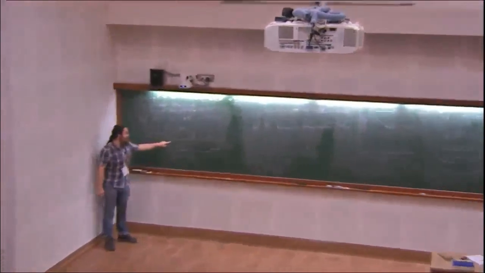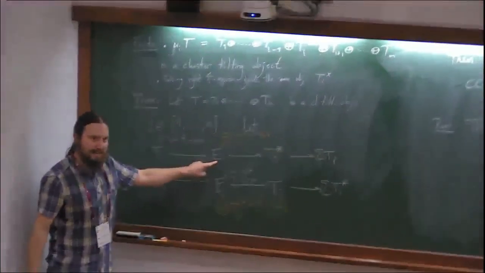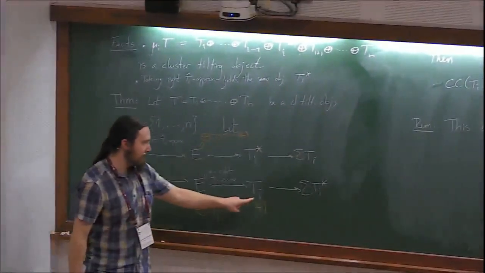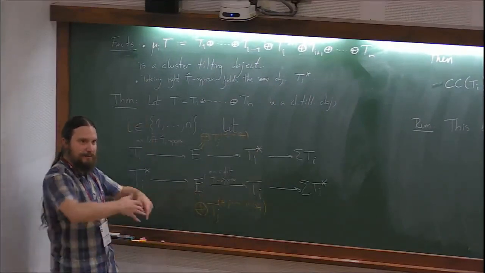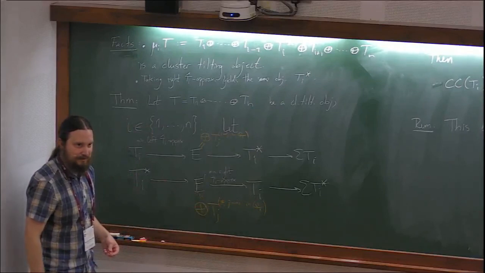So for the first one, you approximate ti by ti's hat in this direction. And for the second one, you approximate ti by ti hat in the opposite direction. And you complete these two morphisms into triangles.